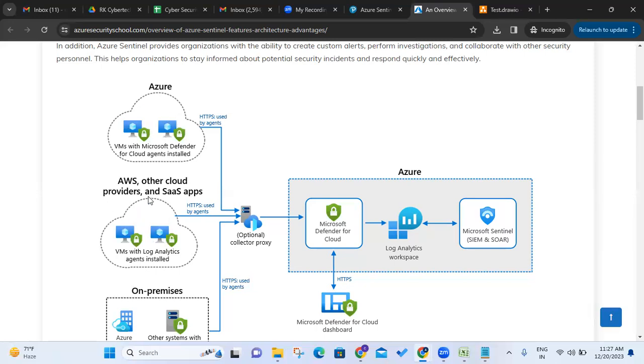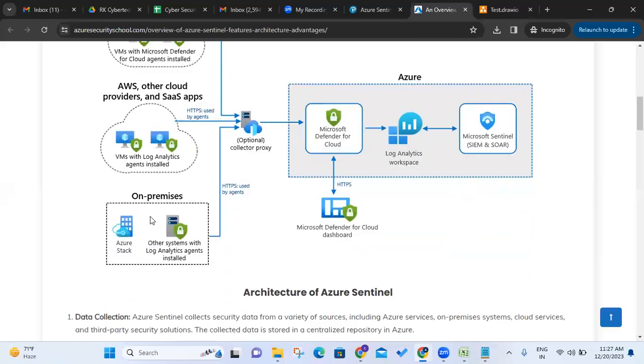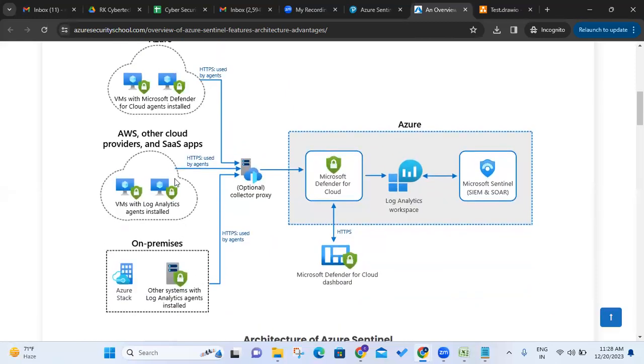Second one, you can see other service providers, AWS or GCP or Oracle or Alibaba and so on. Those logs are the second type. Third one is on-premise. On-premise means our firewall or proxy or EDR or DLP or encryption or HIDS or HIPS, all servers, all databases, all applications. This is the way they segregated: Azure part, other cloud service providers, on-premise logs.